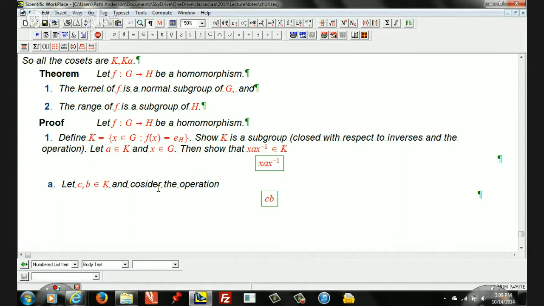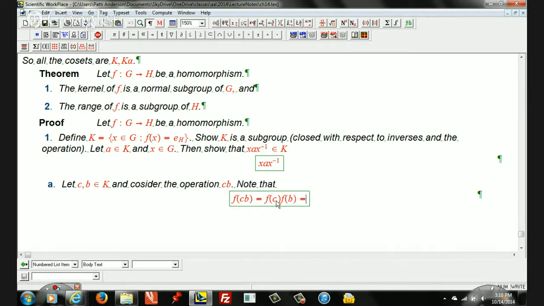F of CB is equal to F of C times F of B, because it's a homomorphism.